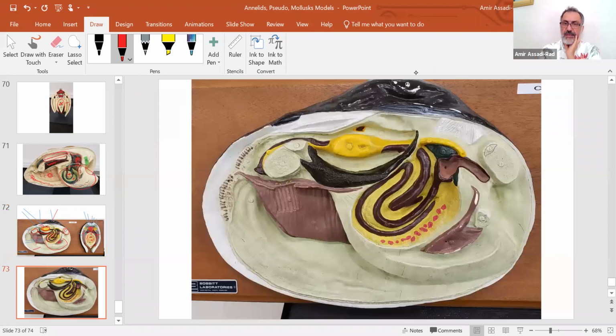Same thing again, palp, gills, mantle, entire thing is foot, inside of foot is intestine, and outside of the intestine are the gonads, stomach, kidney, digestive glands, anterior adductor muscle, posterior adductor muscle. Umbo, right here. That's umbo.